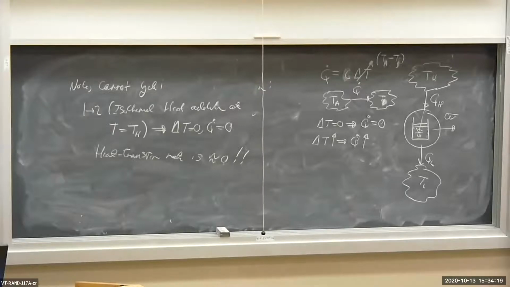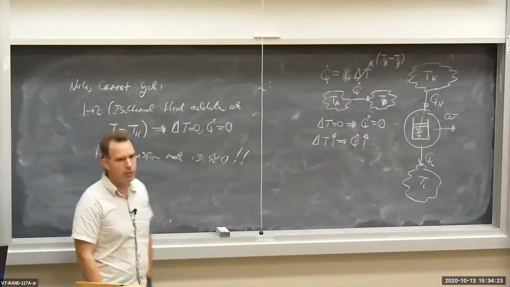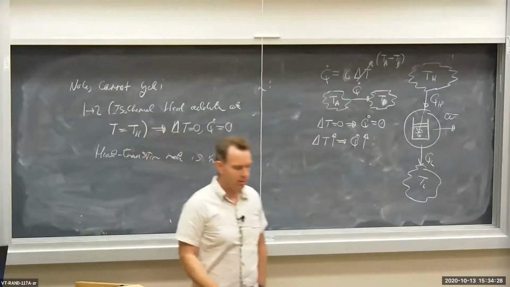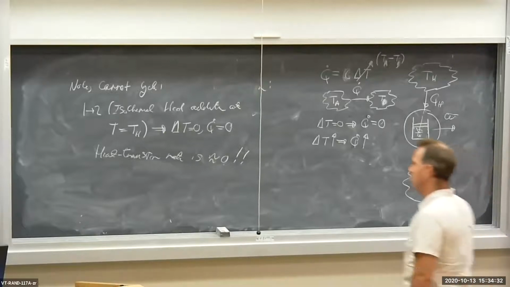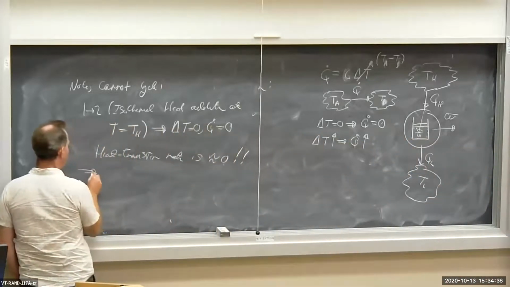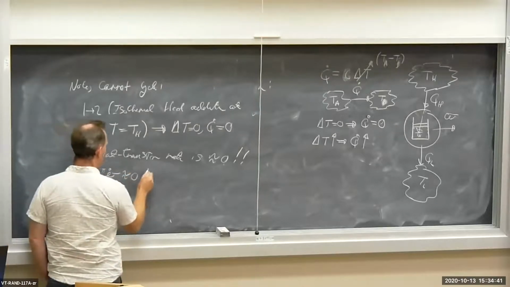It's the most efficient cycle. It has the highest efficiency, but it also produces 0 power. Power is work per unit time. Heat transfer is approximately 0. Therefore, W dot is approximately 0.